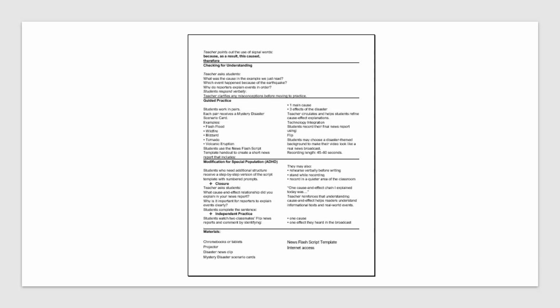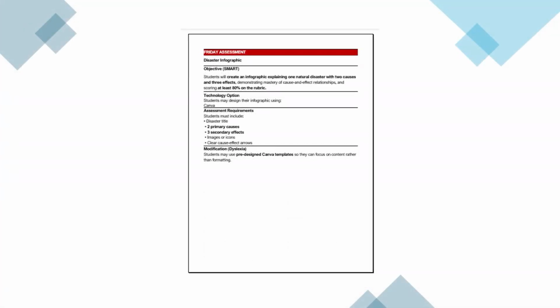And then, after we did all this week, this is Friday. I need to hear your assessments. We have planned this, we have done everything, and this is your disaster infographic. I need to know, basically, what are you telling me? What did you learn? Explain to me one natural disaster.